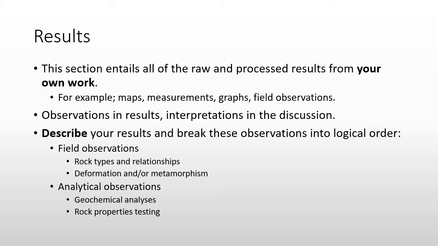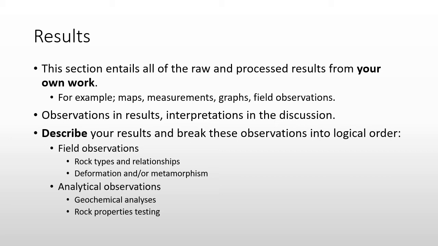So you're describing your results, and you typically do this in a logical order. For an ore deposits type project, you would look first at field observations. So what are the rock types and what are the relationships with the rock types? And was there any deformation and or metamorphism associated with the area? Remember, this is what you have discovered, what you have observed. And then after that, you would put analytical observations.